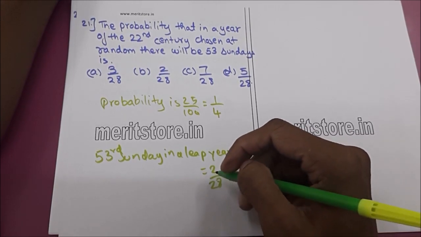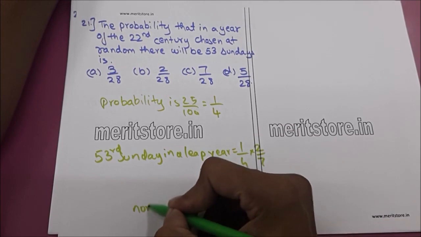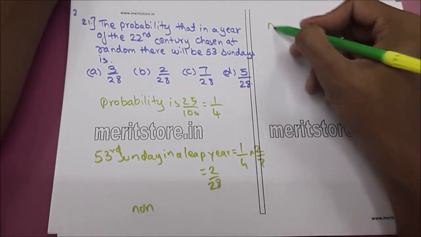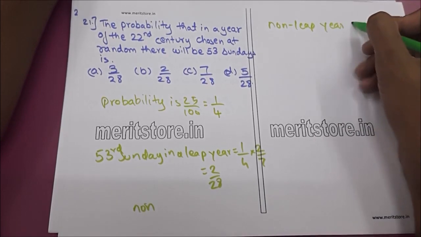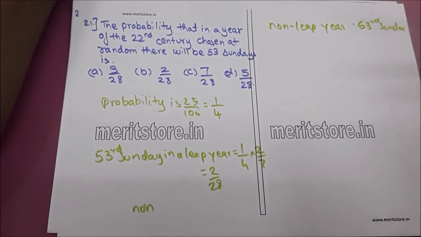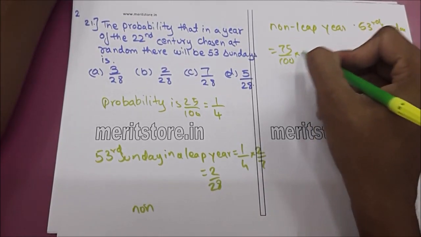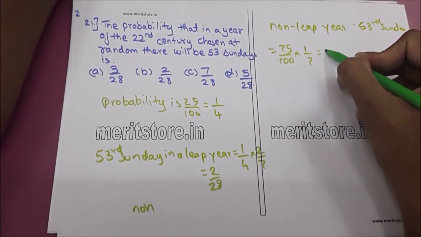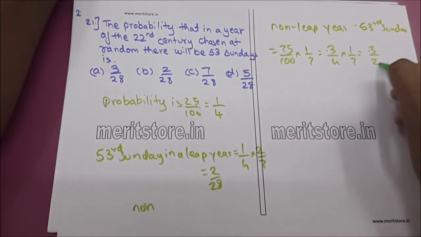Similarly, the probability of a 53rd Sunday in a non-leap year, we get as 75 by 100 into 1 by 7 is equal to 3 by 4 into 1 by 7, that is equal to 3 by 28.